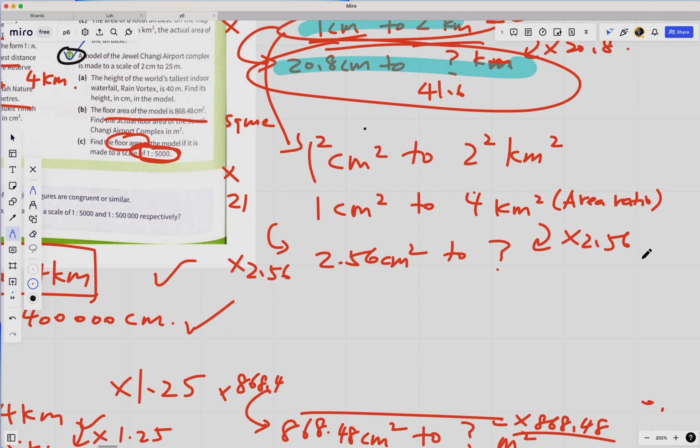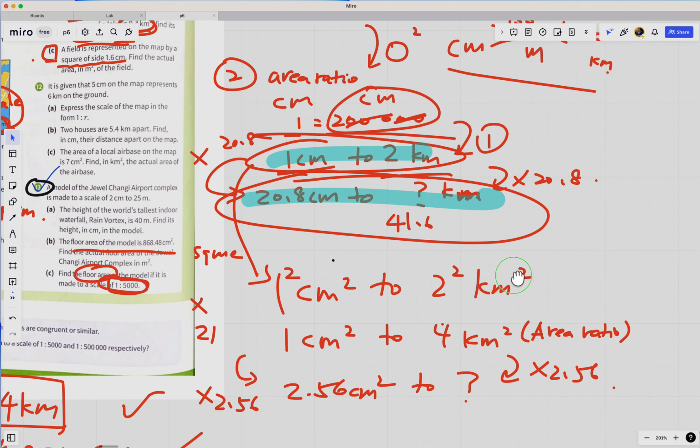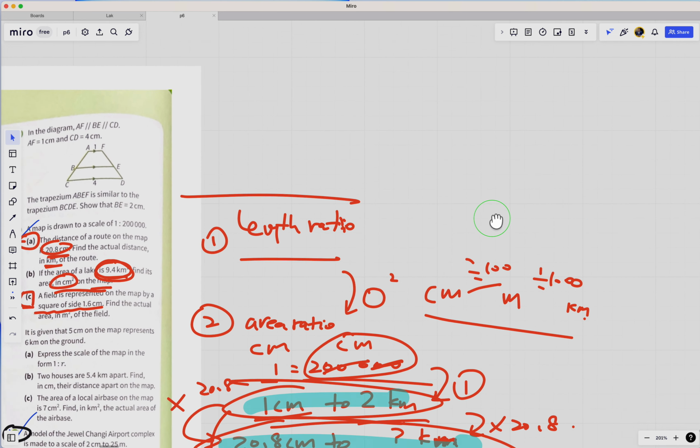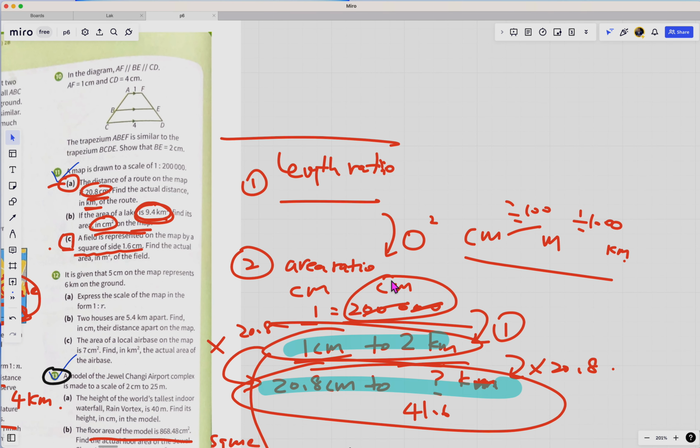So the gist of this topic is, just remember the length ratio and the area ratio. And how do you get the length ratio to the area ratio? You square everything in the length ratio, right? Yeah.